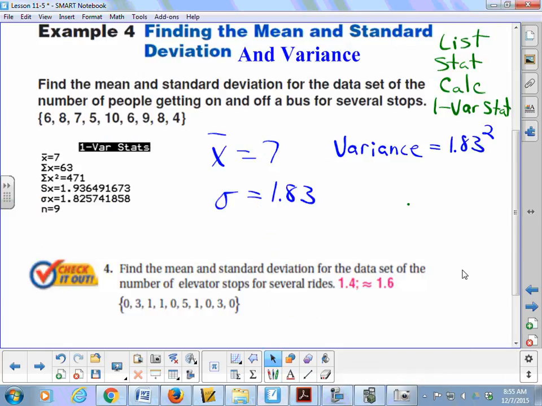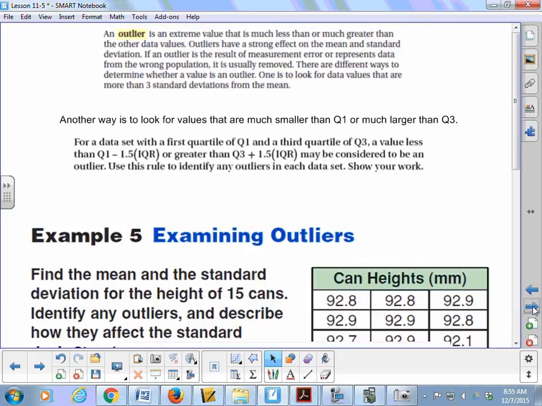The last thing we're going to talk about is what's called outliers. Outliers are extreme numbers that are much larger or much smaller than other numbers. Usually, we can tell an outlier pretty easily because they are so far apart. It's kind of like in our warm-up.